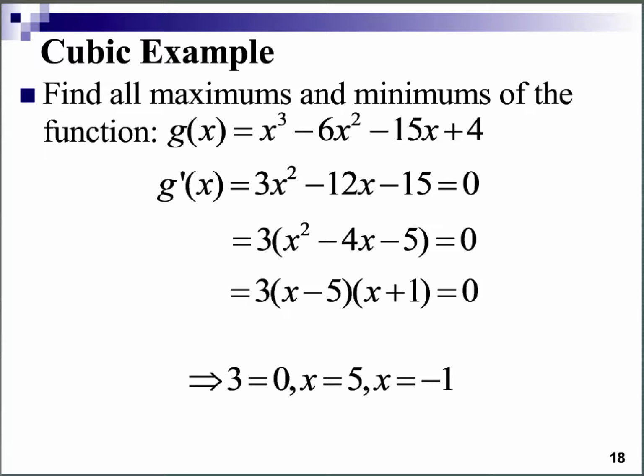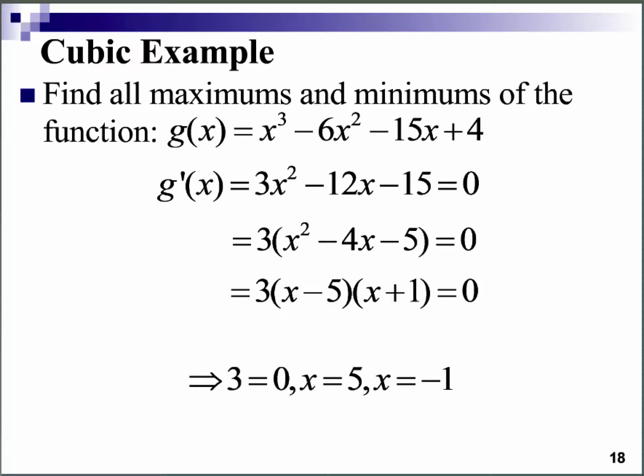So it looks like this. Either 3 is equal to 0, or x minus 5 is equal to 0, or x plus 1 is equal to 0. And this leads to these 3 scenarios. Either 3 is 0, or x is 5, or x is equal to negative 1. Maybe all of them are true, maybe none of them are true, but the point is these are the 3 possibilities.